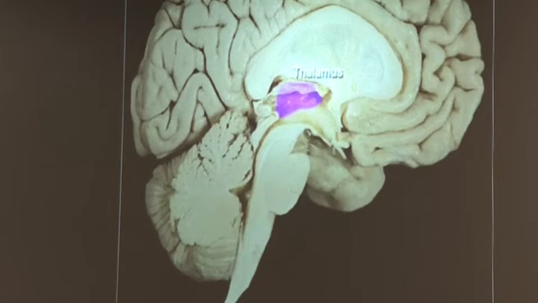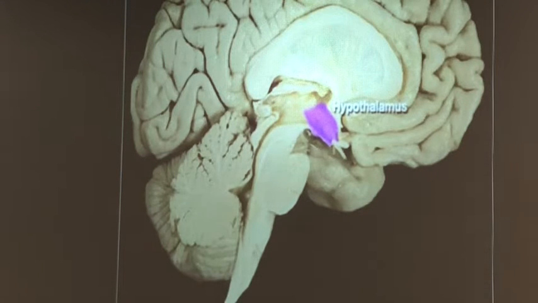Notice thalamus, hypothalamus, hypo means under, epithalamus. Notice that hypothalamus is associated with that master gland.